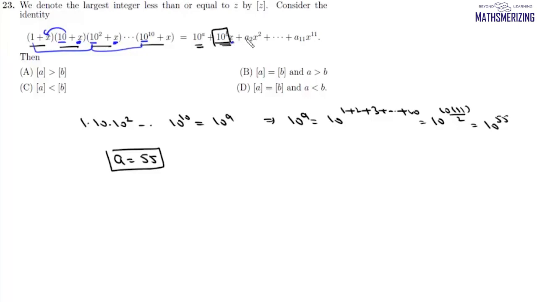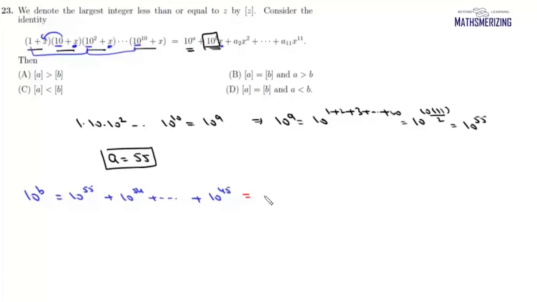Now we'll find coefficient of x. So for coefficient of x, what we need to do is we just need to find this constant term leaving one bracket at a time. So this 10 to the power b, it will be, now we leave this one, it will be 10 to the power 55. Now we leave this 10, it will be 10 to the power 54, and it will go all the way up to this 10 to the power 55 upon 10 to the power 10, which is 10 to the power 45.